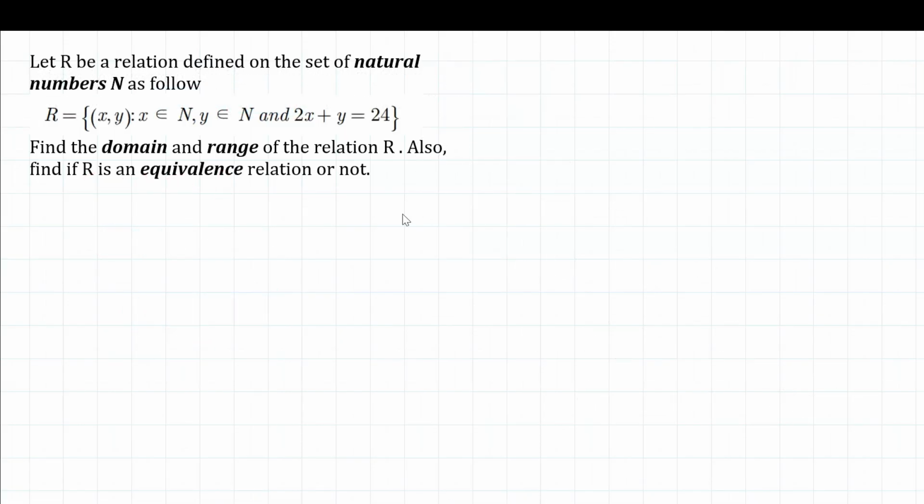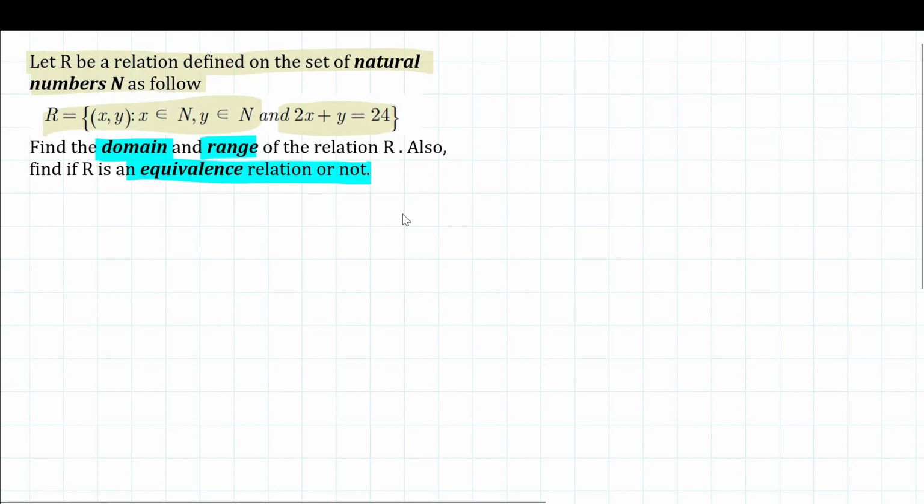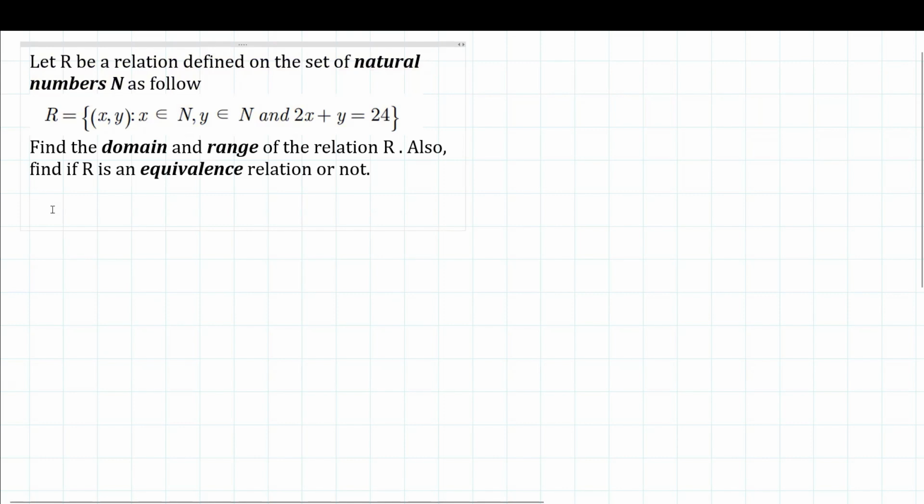This is what we have to write. In this question, it says R is the relation defined on the set of natural numbers, and this is the relation between x and y, where x and y both belong to natural numbers. Further, we have to find the domain and range, and we also need to check whether the relation is an equivalence or not. What we are going to do here is first find the relation and write the ordered pairs.